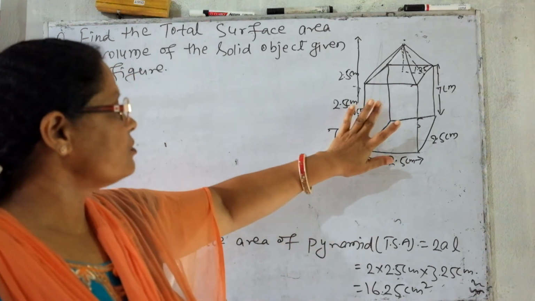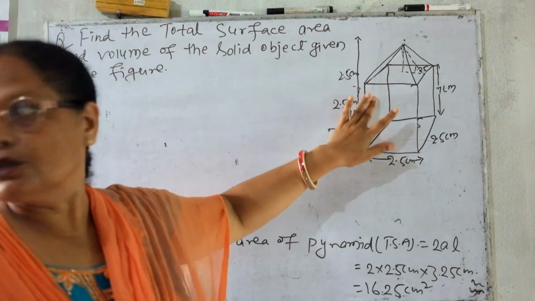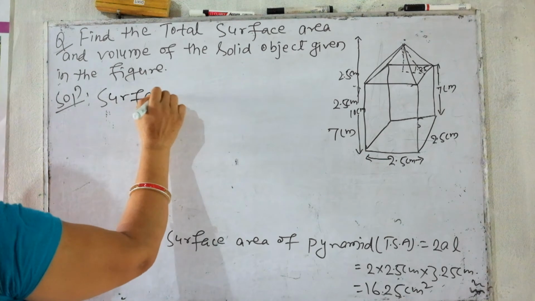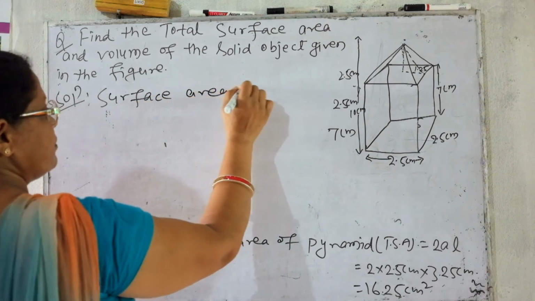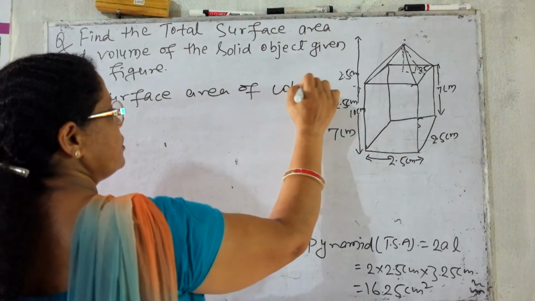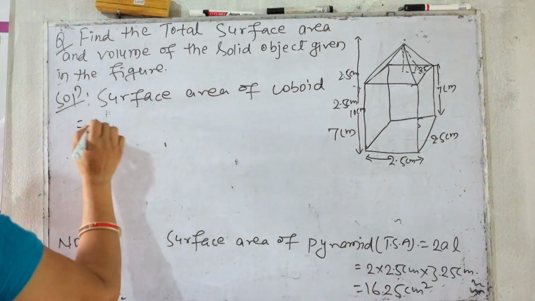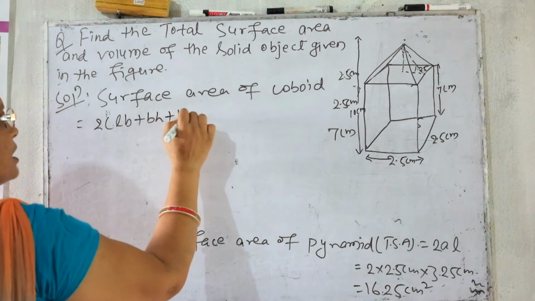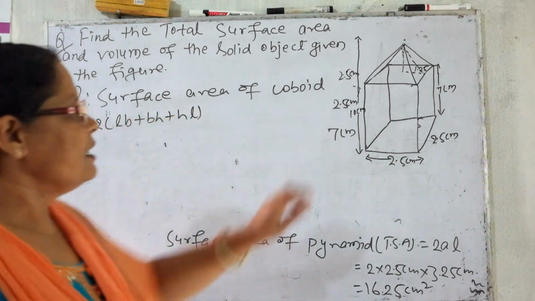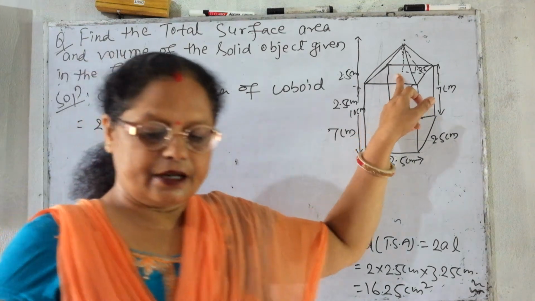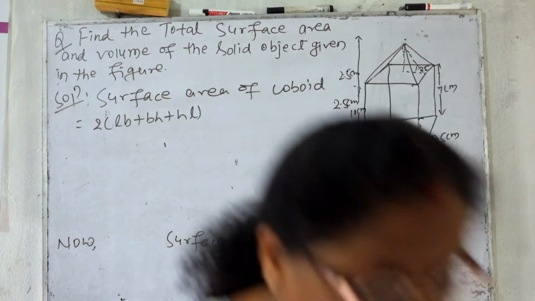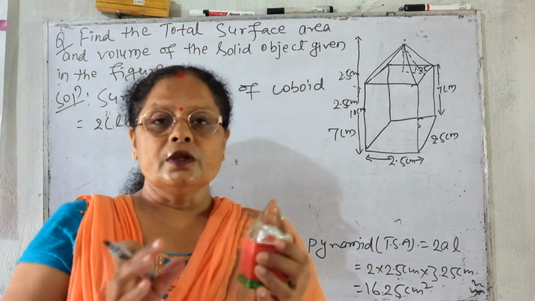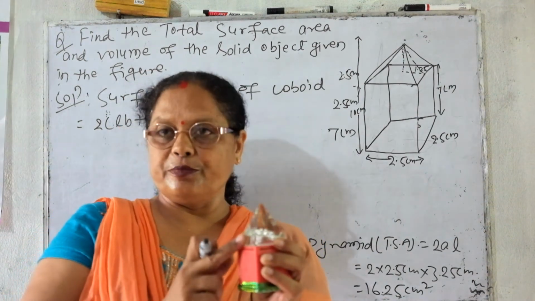Now let's find the surface area of this cuboid. Surface area of cuboid equal to 2 into (LB plus BH plus HL), and this part we have already taken to find the surface area of the pyramid.